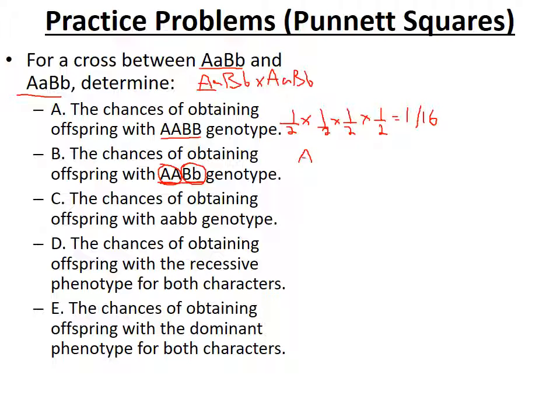So for big A, remember it's half a chance from mom to get big A times half a chance from dad. And that's 1/4. Okay. Now, what are our chances of getting big B, little b?